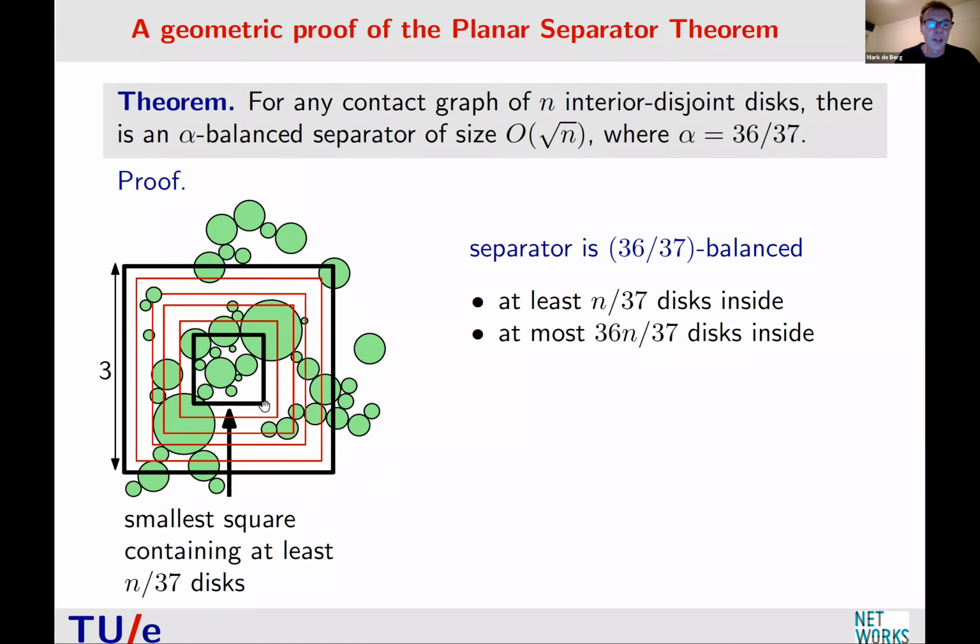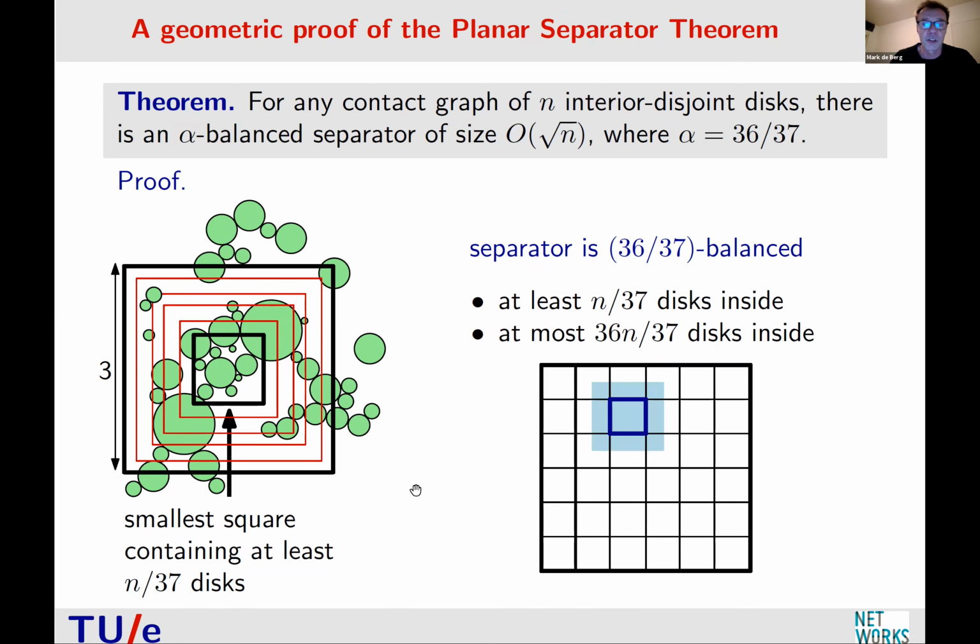Well, I claim that no matter which of these red squares I take, and even if I would take this outer black square, there cannot be more than 36n/37 disks inside. Okay, why is this?